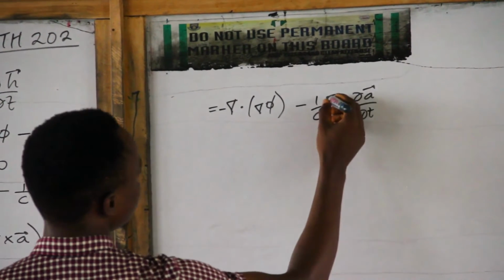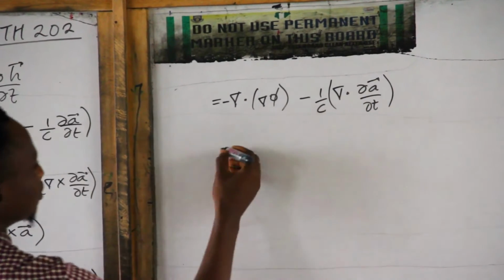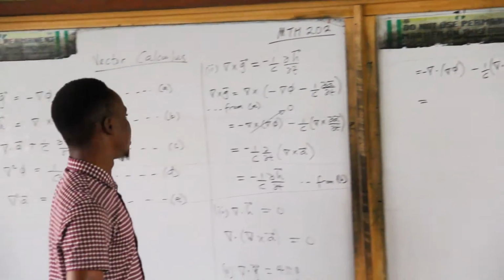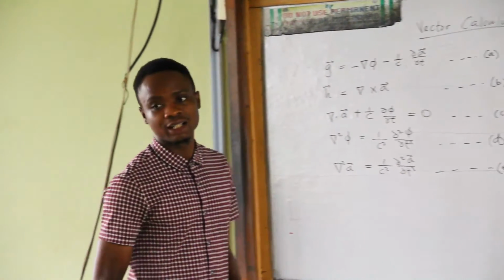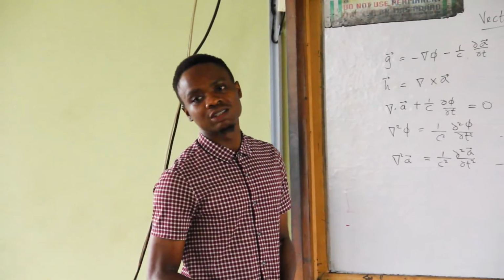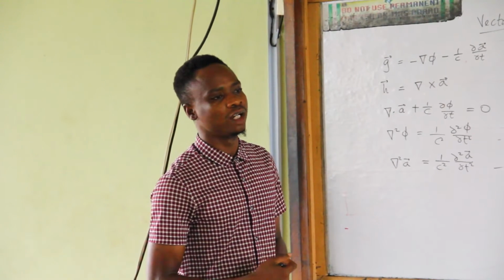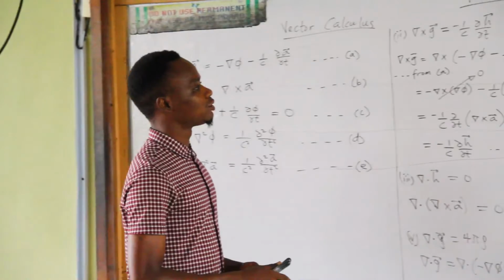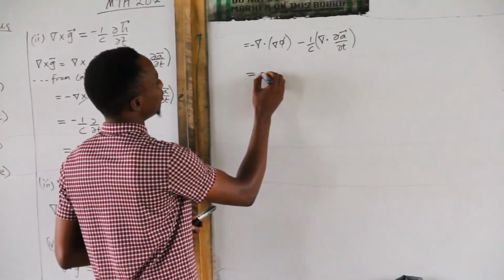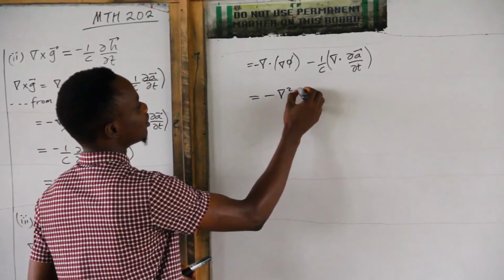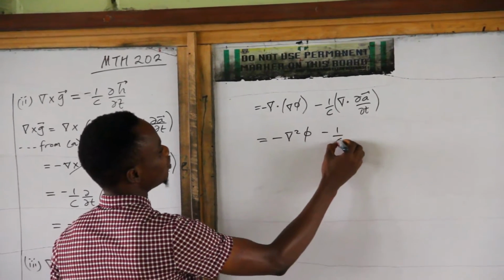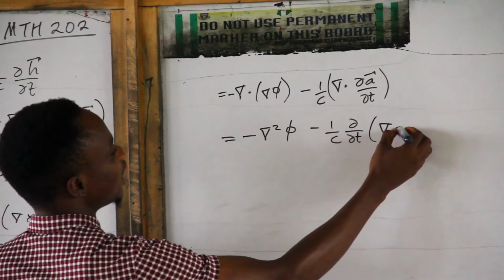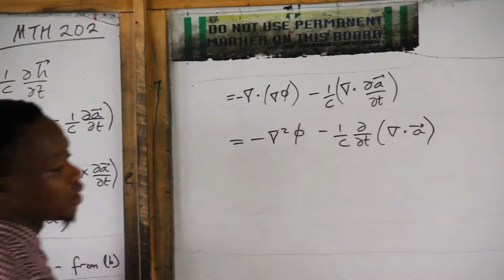That next is going to be equal to Nabla dot Nabla phi. That's Nabla square phi. You get that? Nabla dot Nabla phi is the same thing as Nabla square phi. So that's going to give us this. So I'm going to have this equal minus Nabla square phi minus 1 over c del t of Nabla dot A. Is it clear?